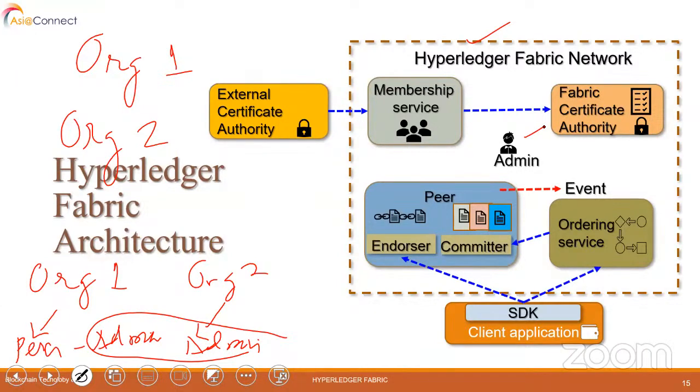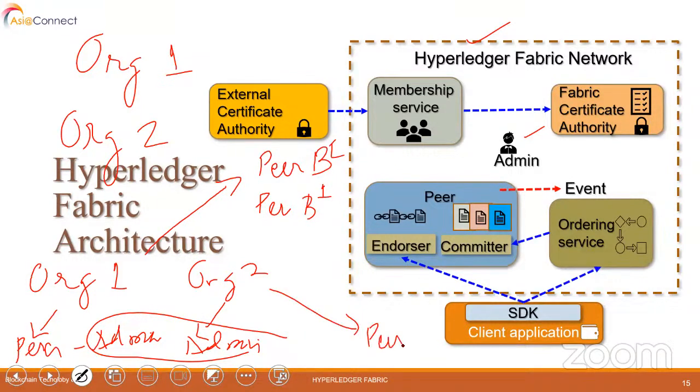Then org1, for some business on a certain account, will be delegating another peer. So this will be a peer for business 1, and another peer for business 1, I'm indicating from org1. Similarly, org2 will also be delegating its peers, peer business 2 and so on and so forth.